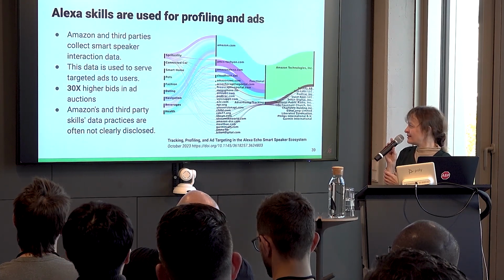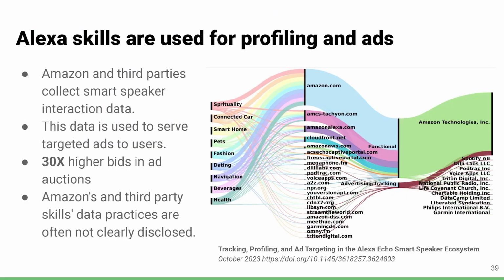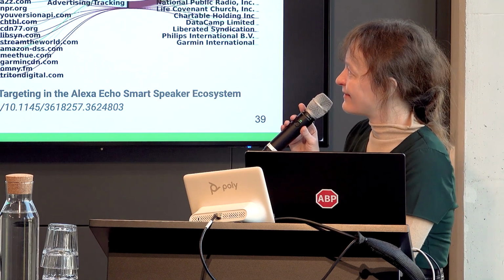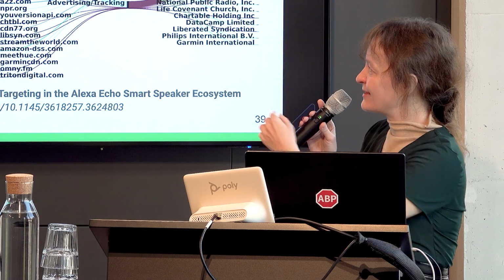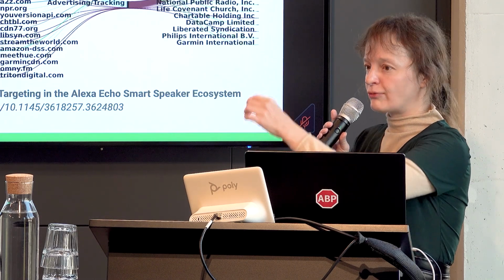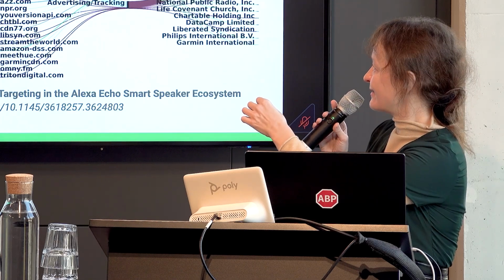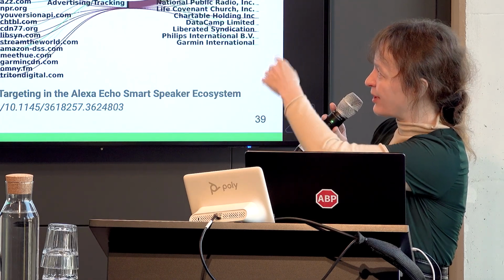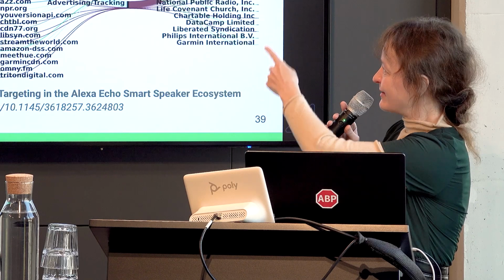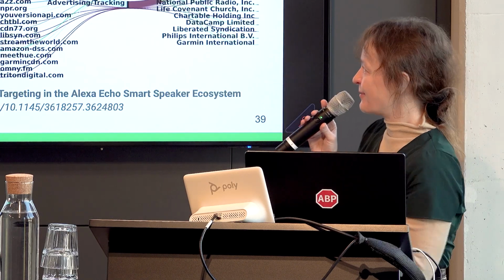This is a very interesting piece of research. They fed different Alexa skills different modalities and different interests, and then they measured the change in traffic on the router, to see what skill triggered what advertising demands.